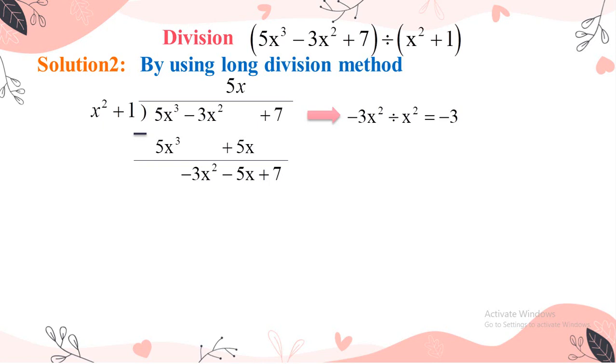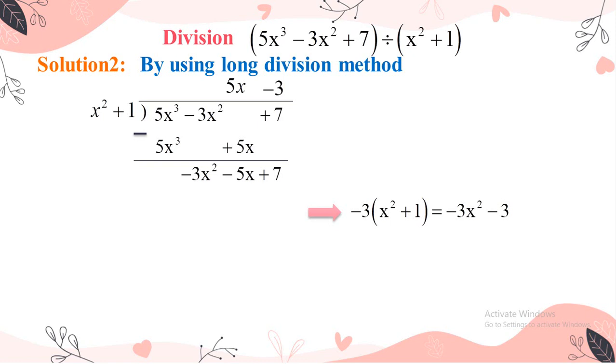Now, I see negative 3 times (x^2 plus 1) is equal to negative 3x^2 minus 3.